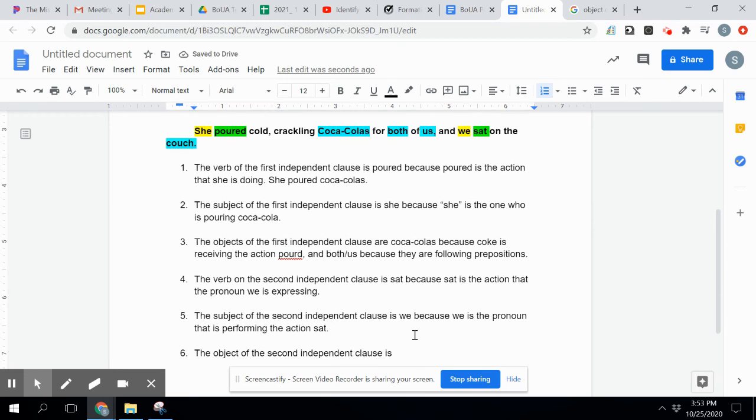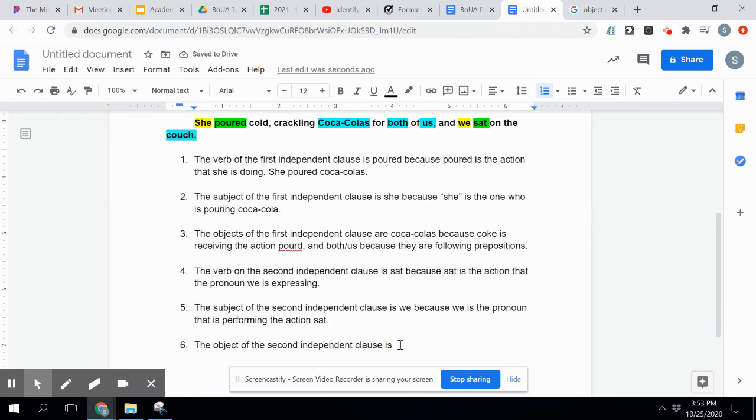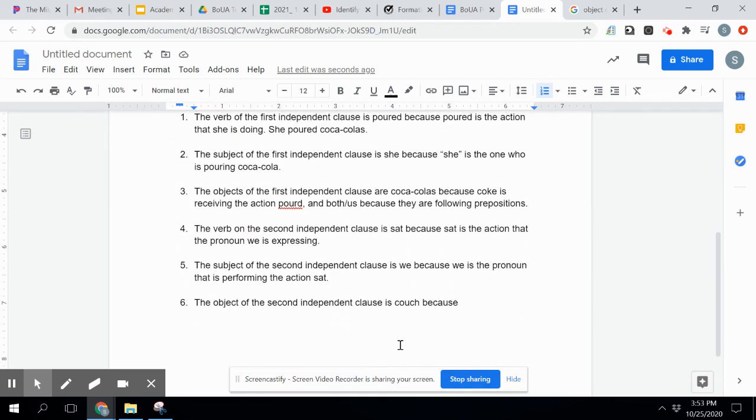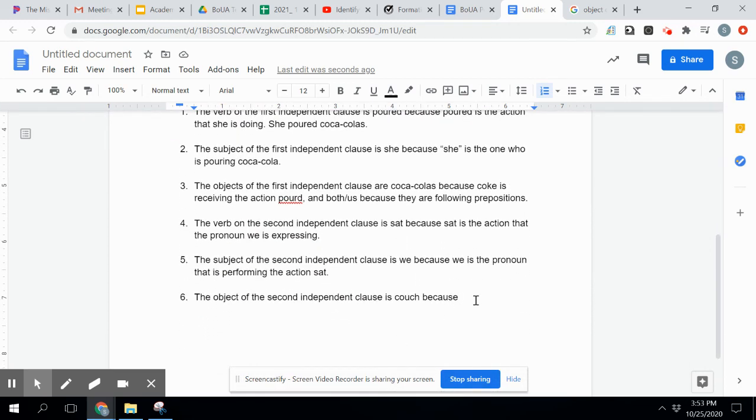And then the object of the second independent clause is couch because couch is the thing that receives the action sat. Because couch is receiving the action sat, it is where they sat.